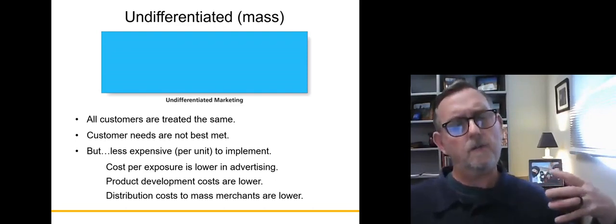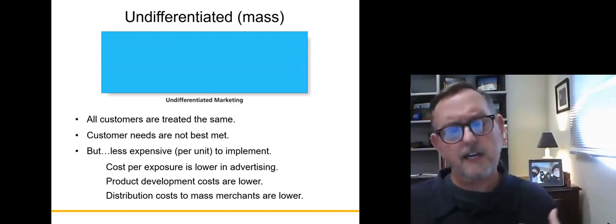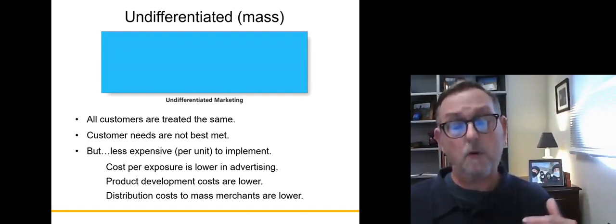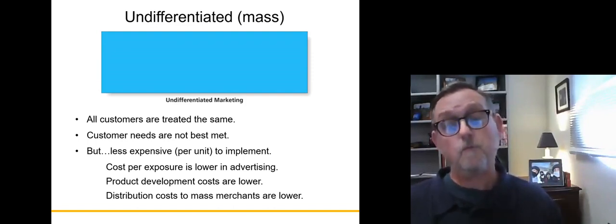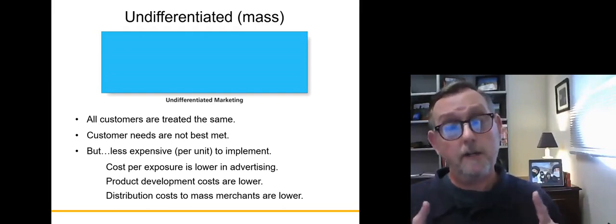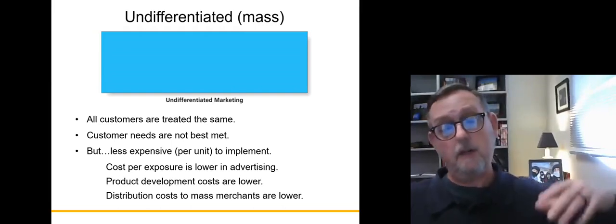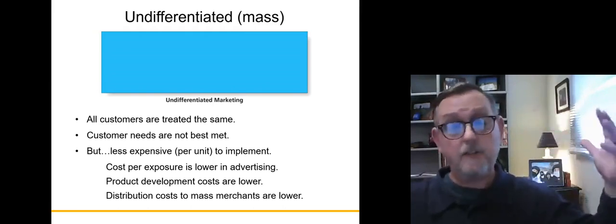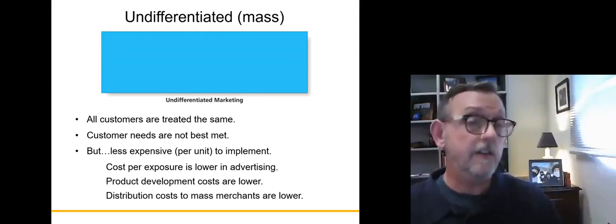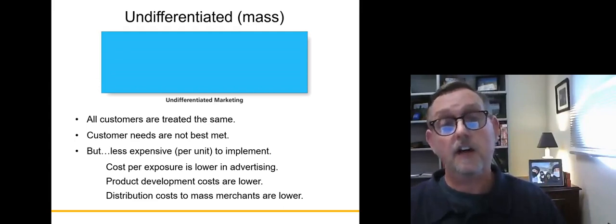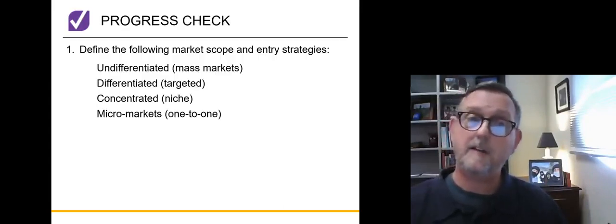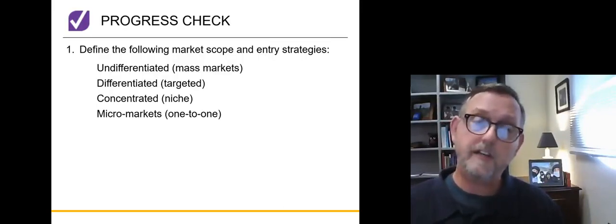Okay, so keep in mind, we're pausing here to decide which segments we're going to target. This may be one, this may be several, this may be a niche, this may not be, we might not have targets at all. We might just do this undifferentiated thing. So there are a lot of different ways to think about this.